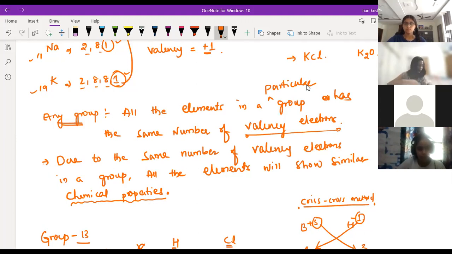Physical properties means size, shape, density; these change among the elements in a group. Chemical properties means reactivity, combining capacity; these are the same among all the elements in a particular group due to a similar number of valence electrons. Clear? Jivika, Vedika?